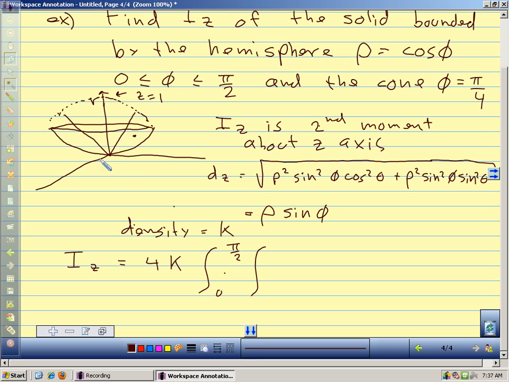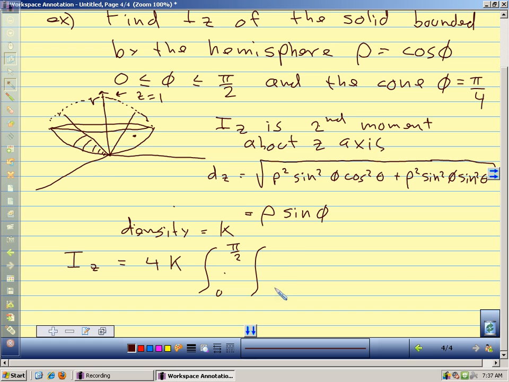Shouldn't you just go to the hemisphere? Yes. So the hemisphere: if I'm on the cone, I'm at phi equals pi over 4. Phi goes from here, here, here, and down here at the origin, phi is all the way down at the xy plane.